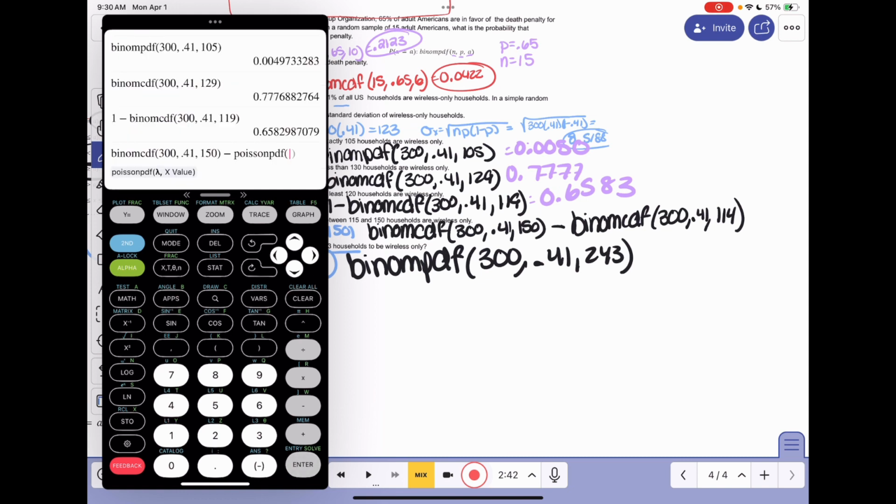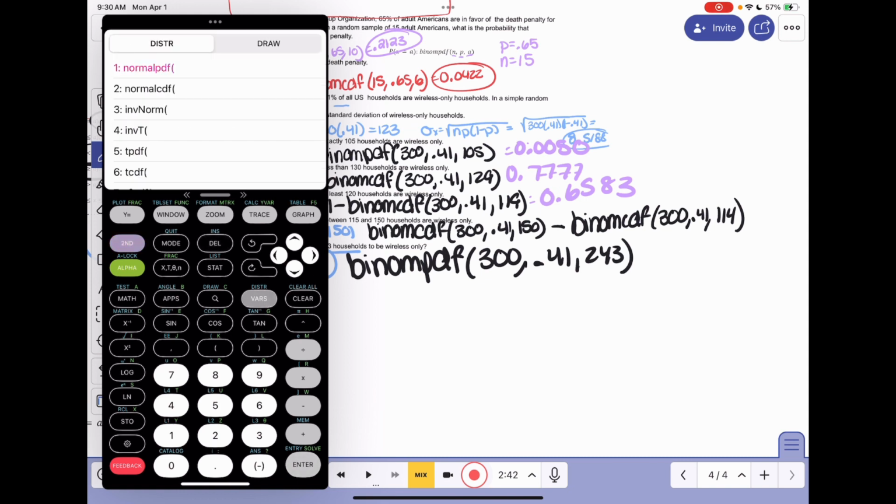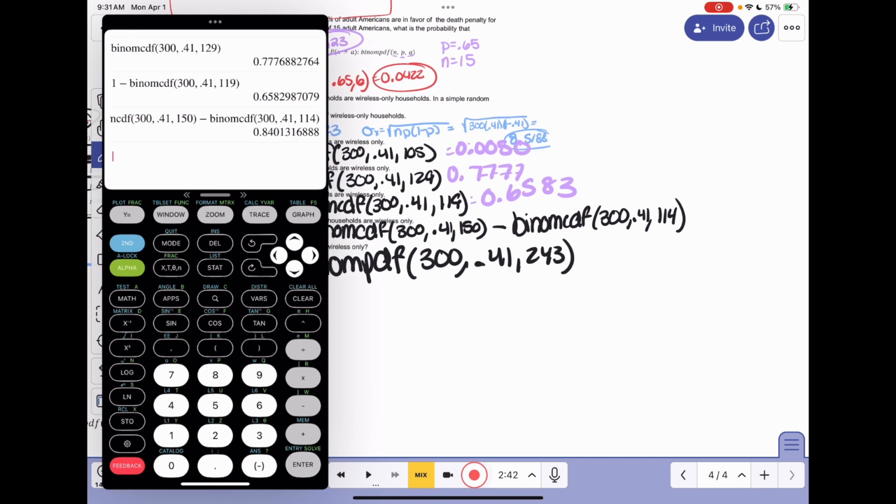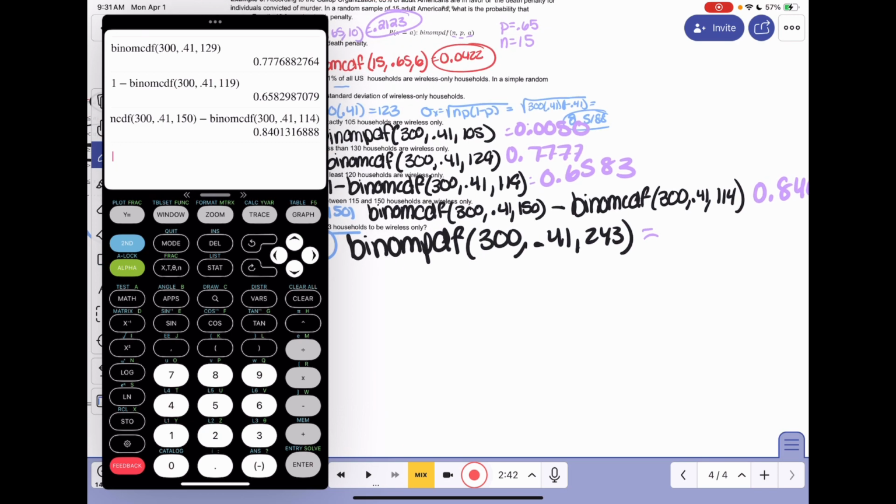Nope, that's not what I wanted. Delete. 300, 0.41, 114. And that is 0.8401. So those give us all those probabilities.